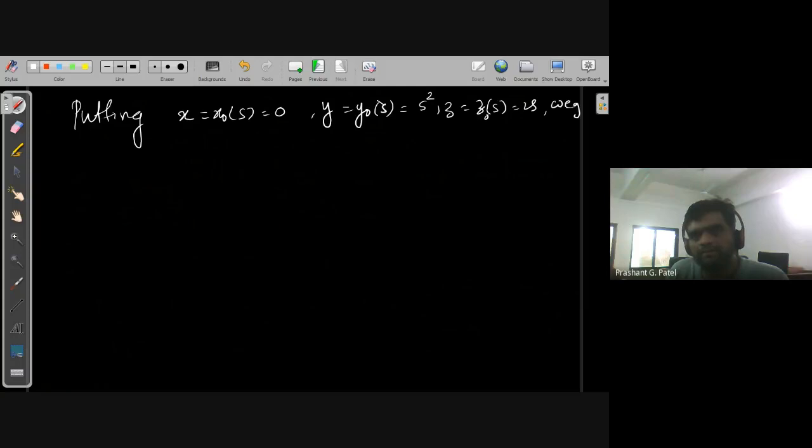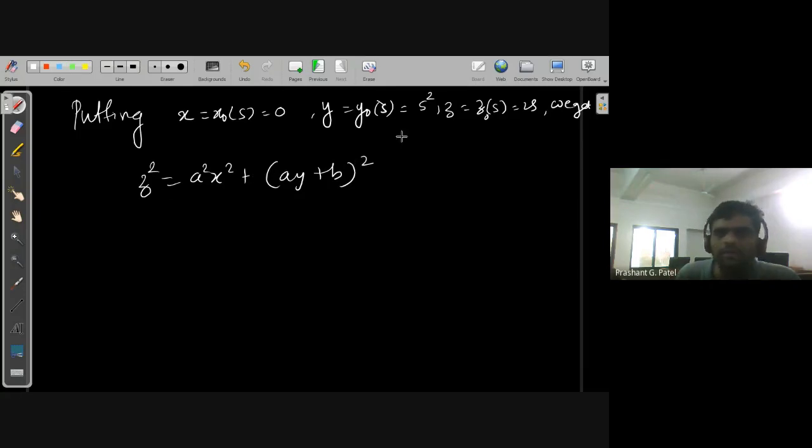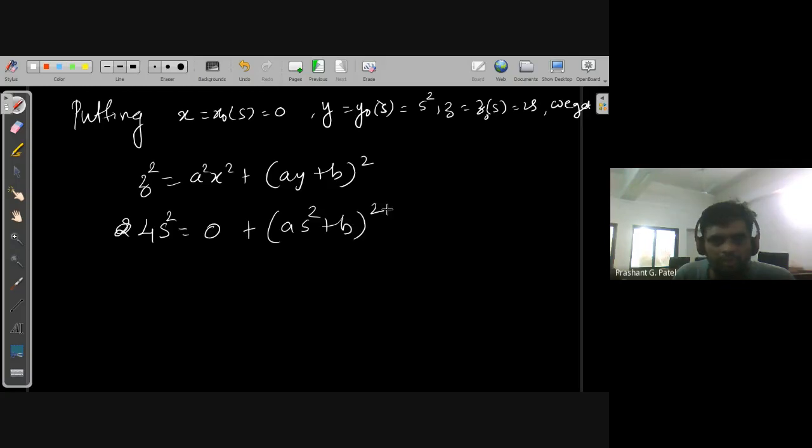We get, so we substitute x is equal to 0 here. The equation is z square is equal to a square x square plus ay plus b whole square. We substitute 2s, so it is 4s square equal to 0 plus a s square plus b whole square.